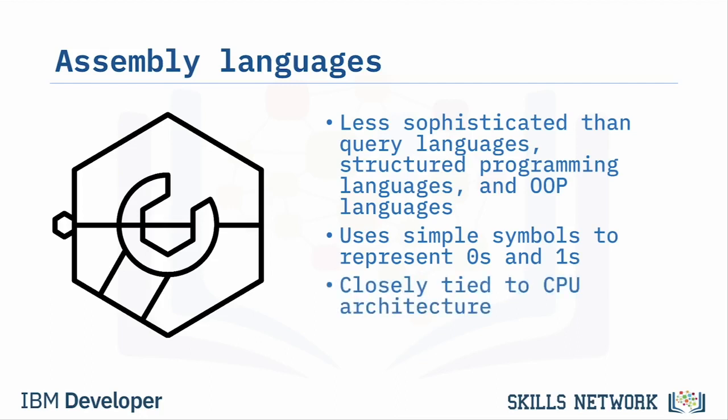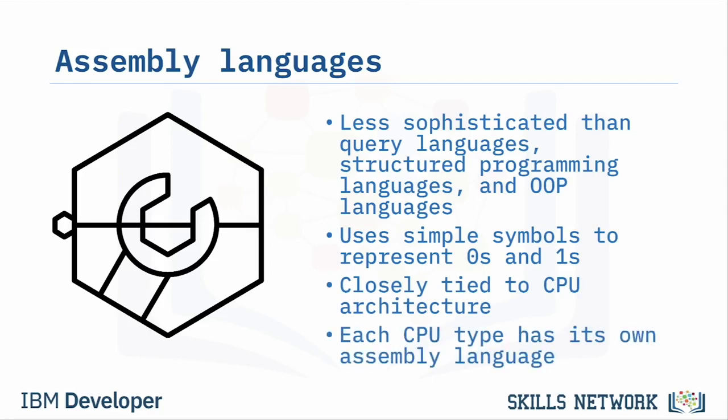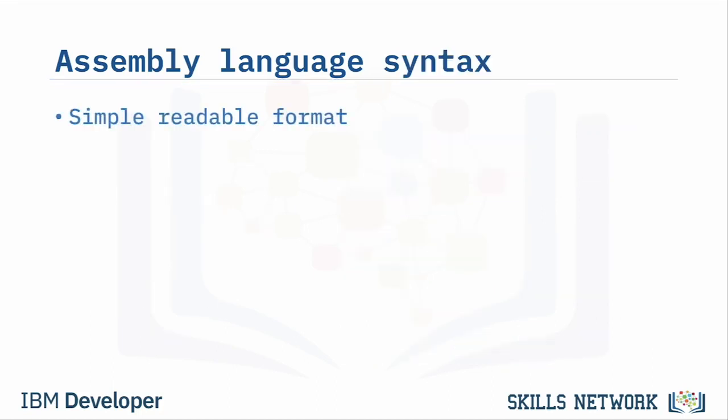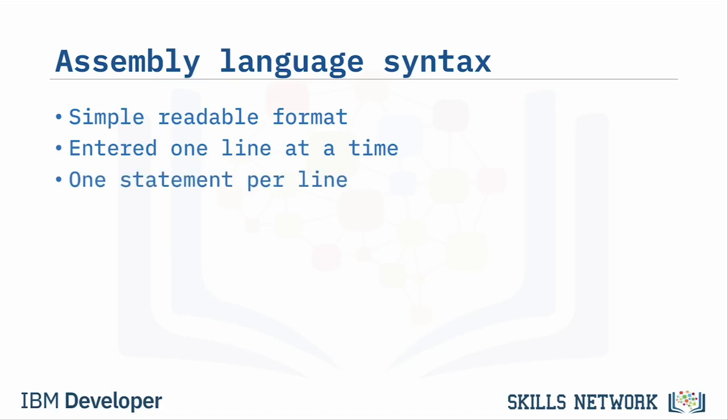Assembly languages are closely tied to the processor architecture from hardware manufacturers, and therefore each CPU type will typically have its own assembly language. For this reason, there are a large number of assembly languages in use today, which vary among hardware manufacturers. Assembly languages use a simple, readable format for their statements, and they are entered one line at a time with one statement per line.